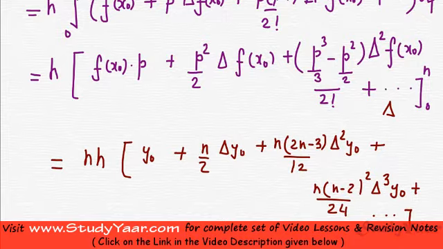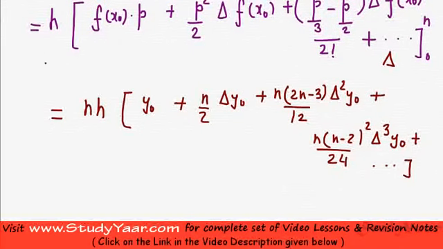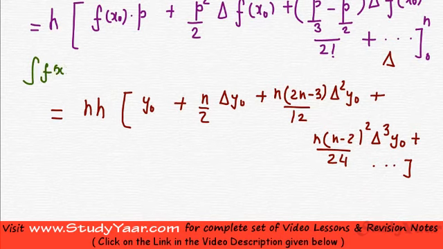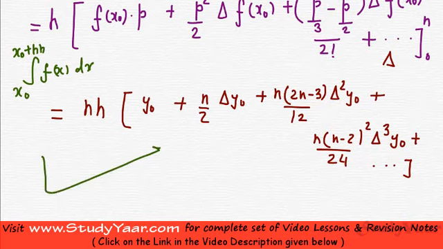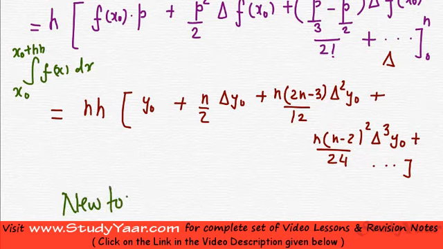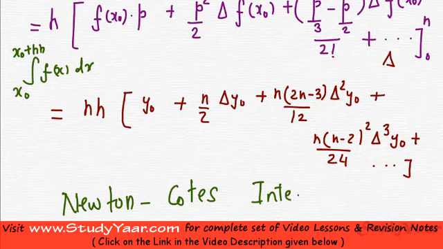So essentially your integration of f(x) from x0 to x0 plus nh comes out to this, and this particular formula is known as the Newton-Cotes integration formula.